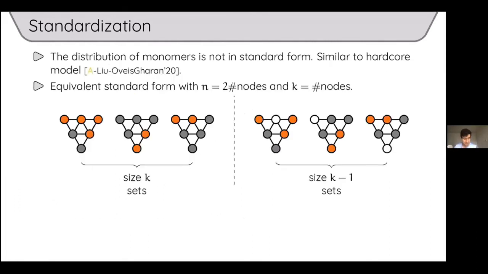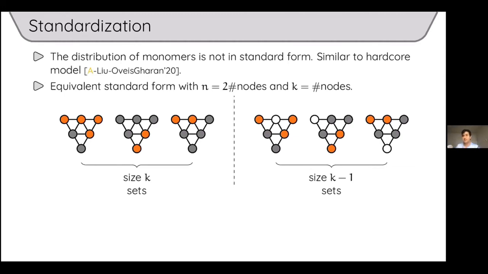All right. So for the monomer-dimer system, the distribution is actually not in the standard form, if you haven't restricted, let's say, the size of the matching to be k. Let's say we are in the general monomer-dimer system with no restriction on size.